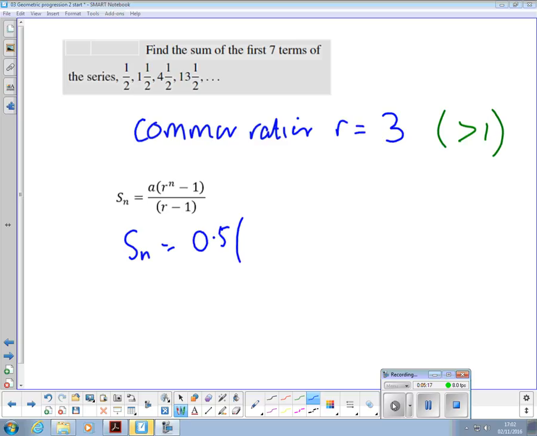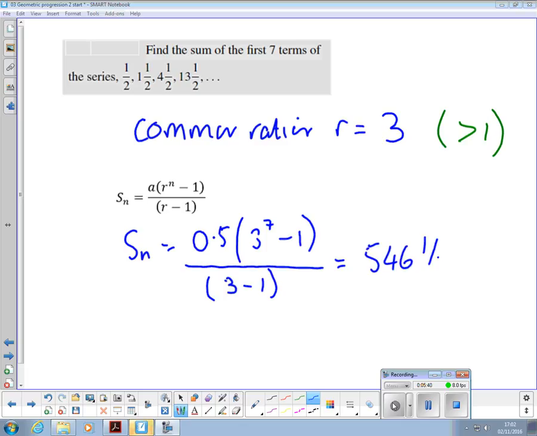We've got to multiply that by 3 to the power of 7, take 1 away from it, and put all of that over 3 minus 1. We plug that into the calculator and we get 546 and a half. Yeah? Okay.